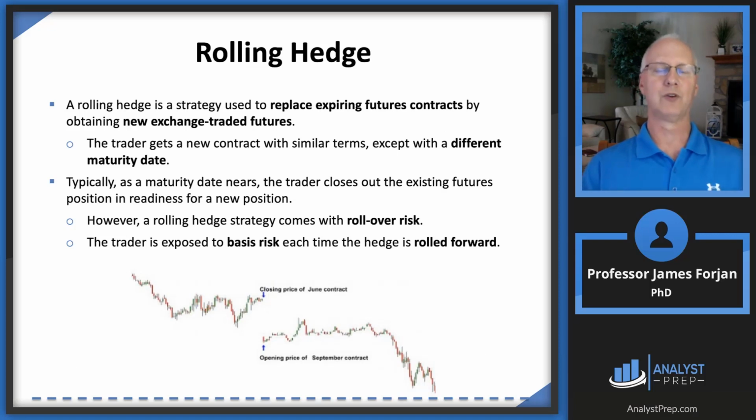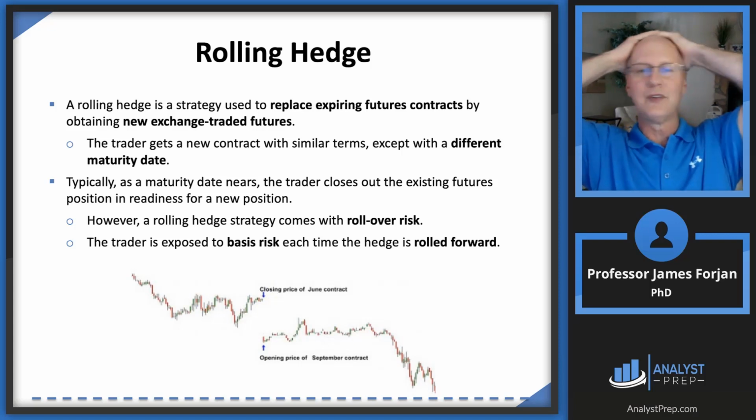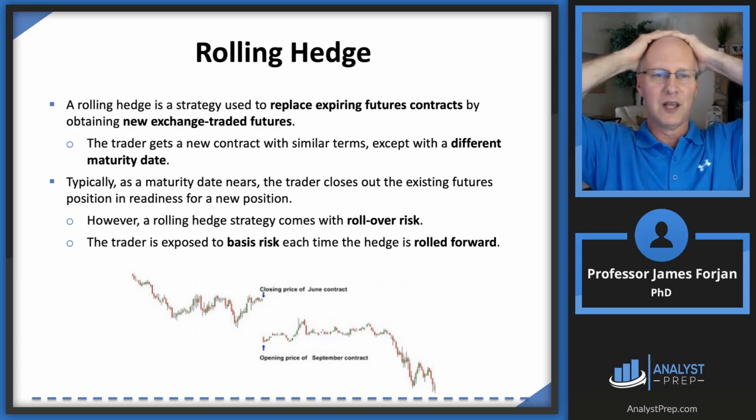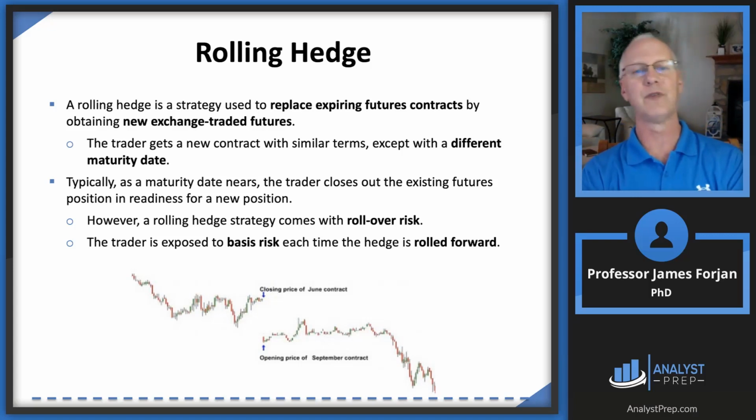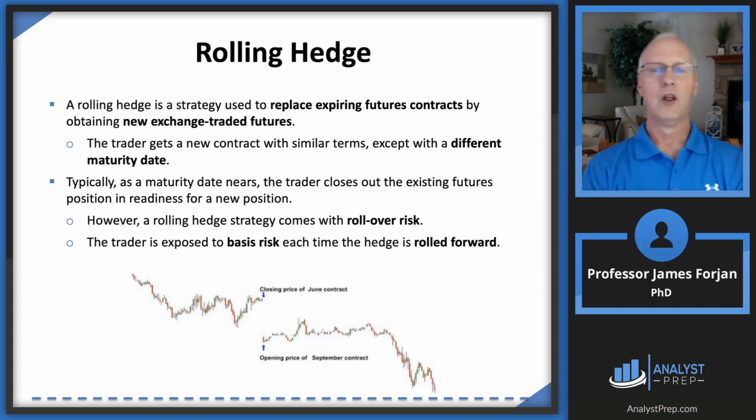Now, of course, what did Rachel do in that previous example? It was a 3-month hedge. So what happens if after 3 months she's still saying, oh my gosh, I'm still worried that the NASDAQ 100 is going to continue to fall? Well, what she's going to do is just roll her hedge.